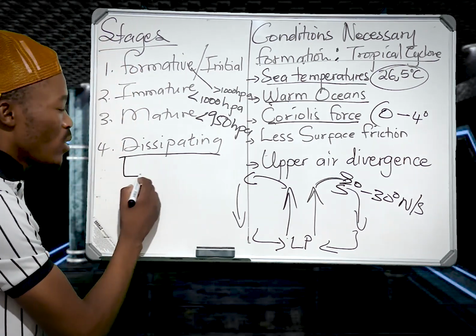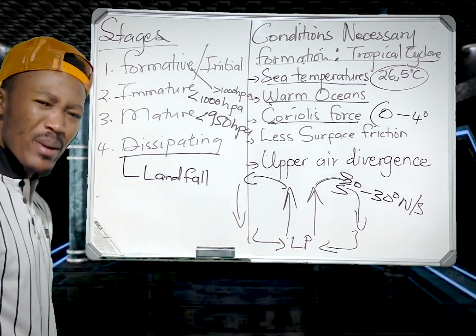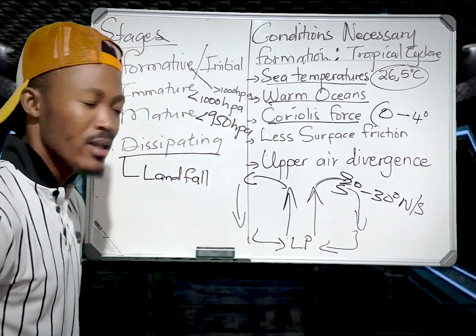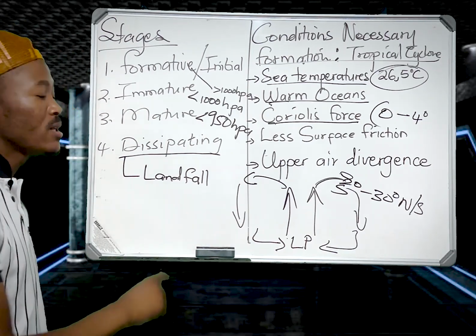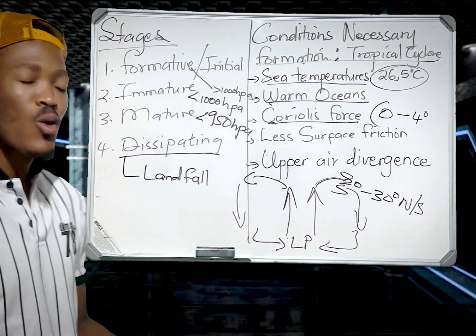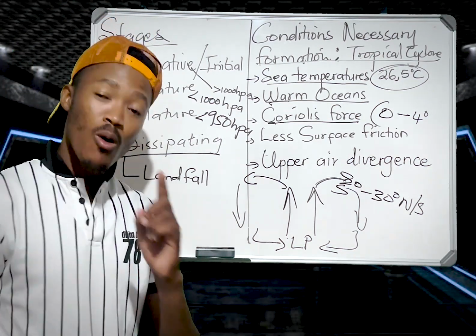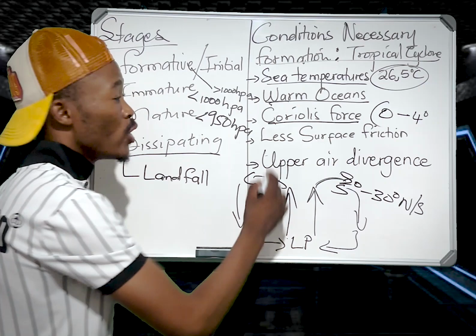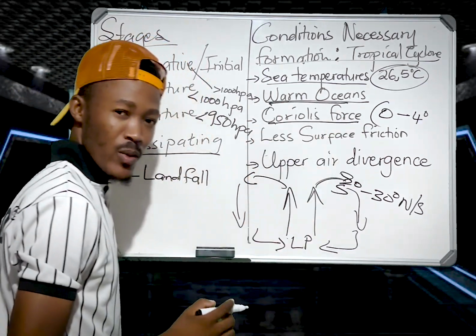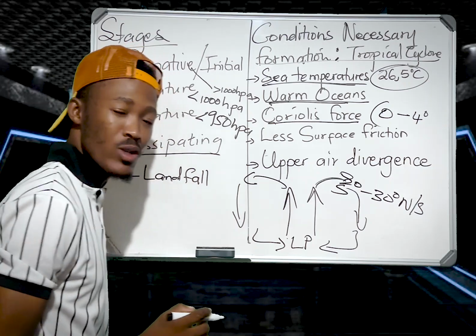The moment our tropical cyclone makes landfall, which means the moment it touches the land, then we are going to say this tropical cyclone has now entered the dissipating stage. What is on the land that is weakening our tropical cyclone? Over the land, there are no warm oceans. Over the land, temperatures may be lower than those over the oceans.